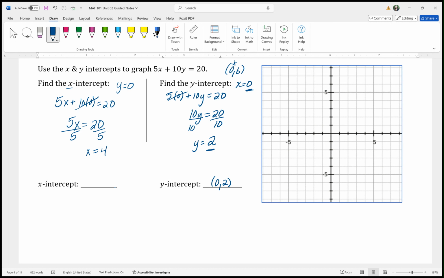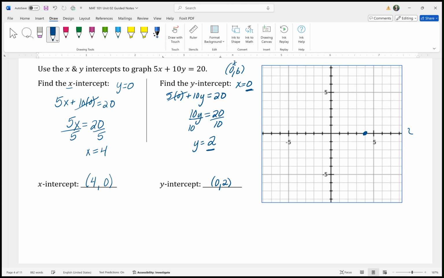And again, just be really careful when you're writing this down that you put it in the correct order. So our x value is 4, that's going to go first, and then our y value of 0. Let's plot these two points, being really careful with our zeros. Our x-intercept starts at the origin, and then we go right 4 units, and then not up or down.